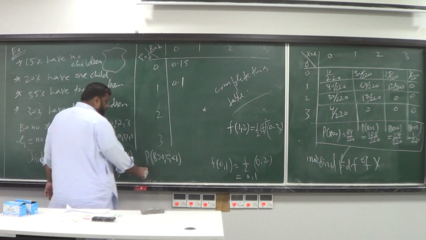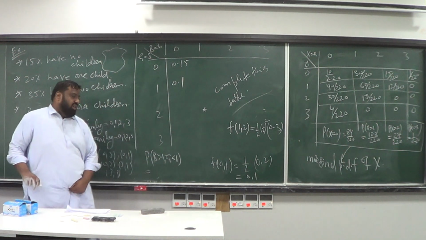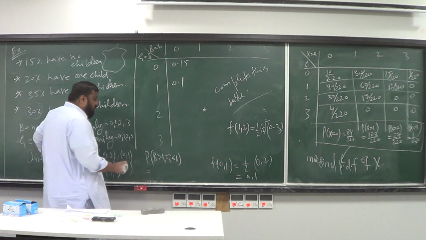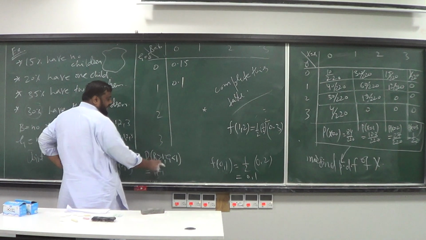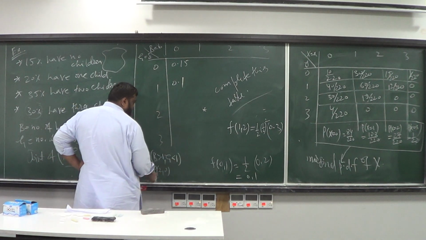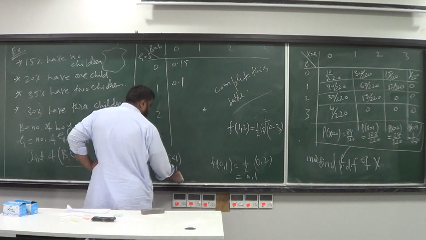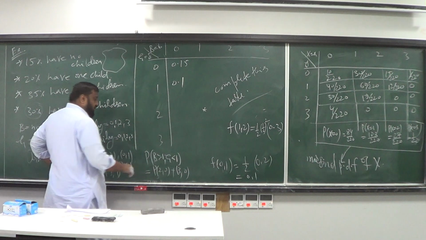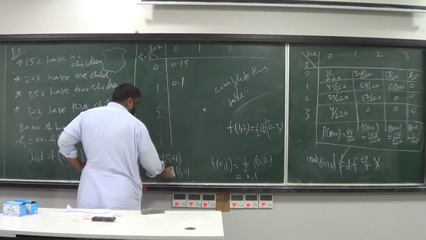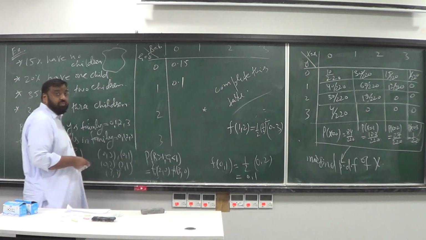So this probability can be computed through this table actually. If the boys are more than 1, that means the boy can be 2 and girls are less than 1, so it should be 0. And the boy can also be 3 and girls should be 0. So you have to take these two probabilities to compute this event.